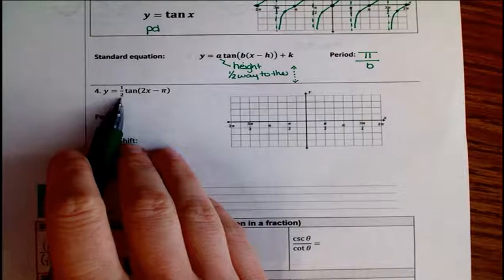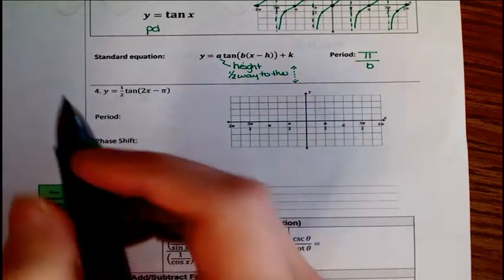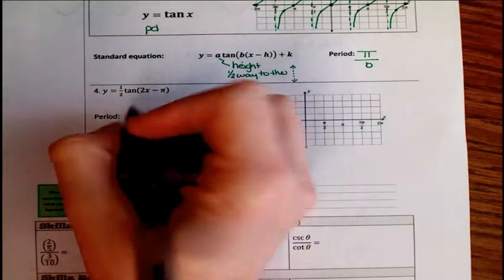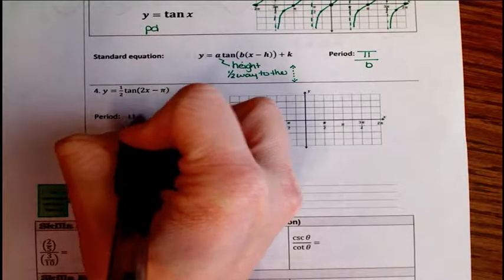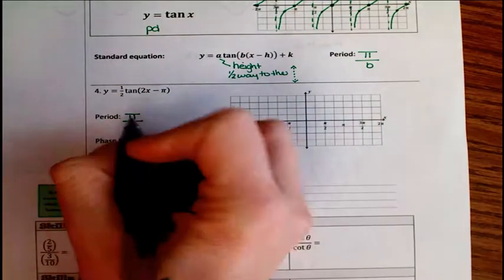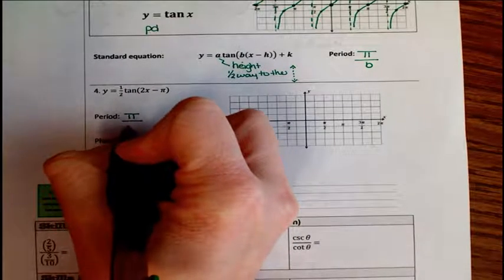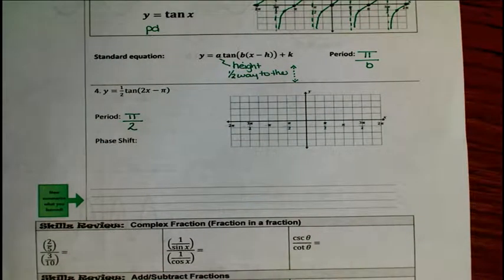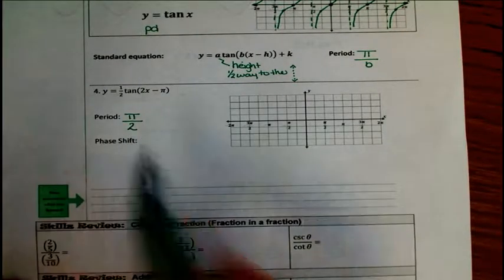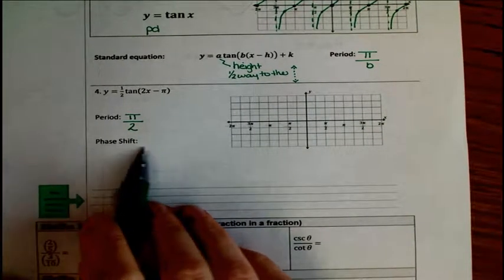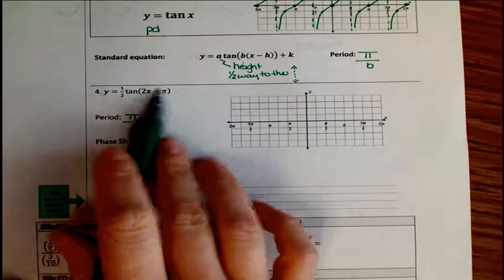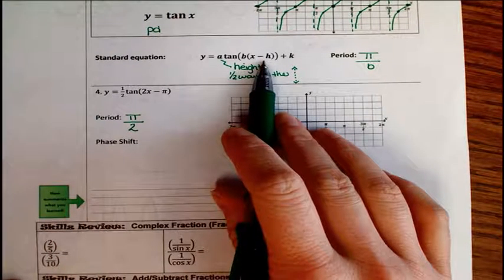Well, first thing we would want to do is figure out the period. The period would be pi divided by our b value. Our b value here is 2. So our period is pi over 2. And our phase shift, well, to understand our phase shift, we kind of need to separate it out like it is done here.